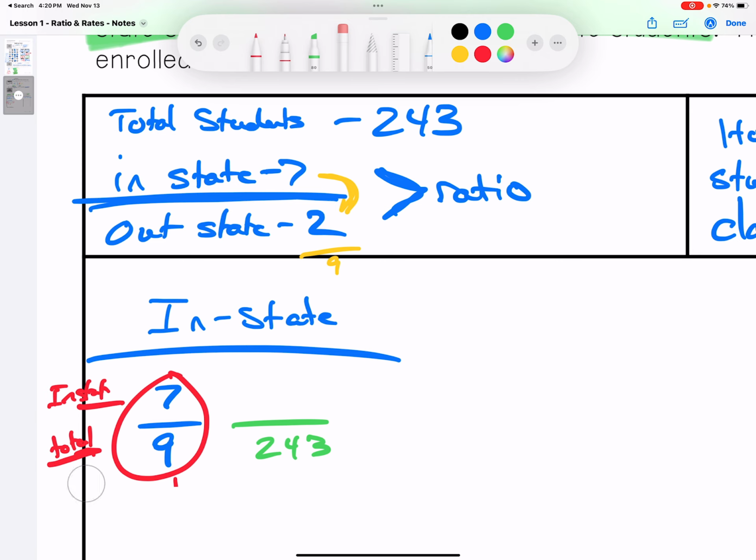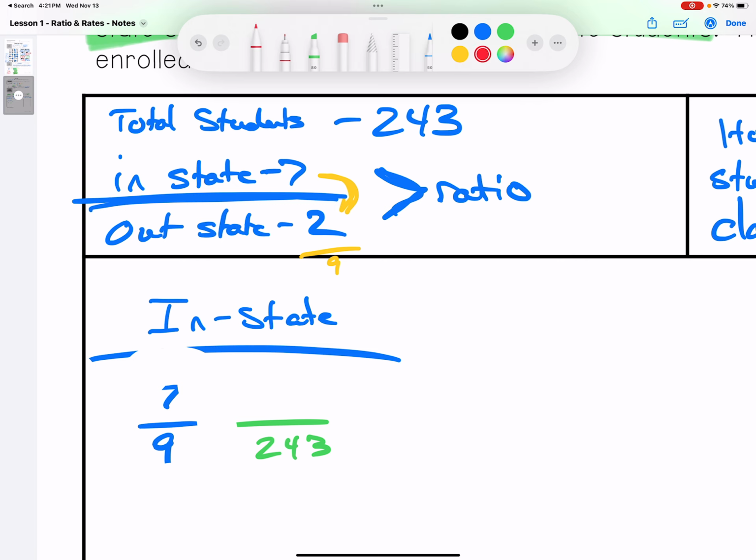So how do you think we would find that? I'm going to give you about 30 seconds to process. All right, one way is to figure out what 9 multiplied to get 243. Because it's just simplified.